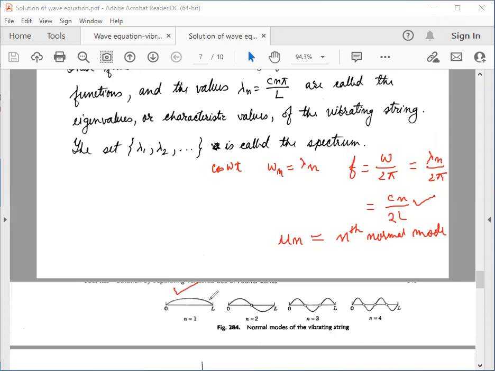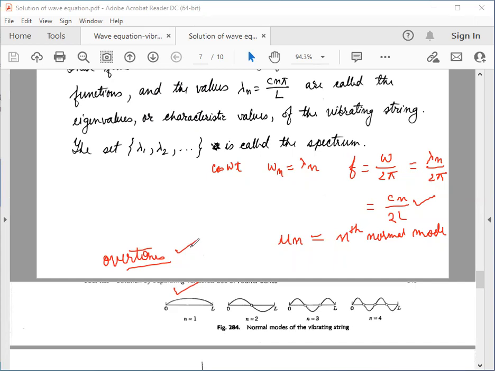And the others are known as overtones, that is when n is equal to 2, n is equal to 3, n equal to 4, and so on. The frequencies would be twice the fundamental mode, thrice the fundamental mode, and so on. These are called overtones.